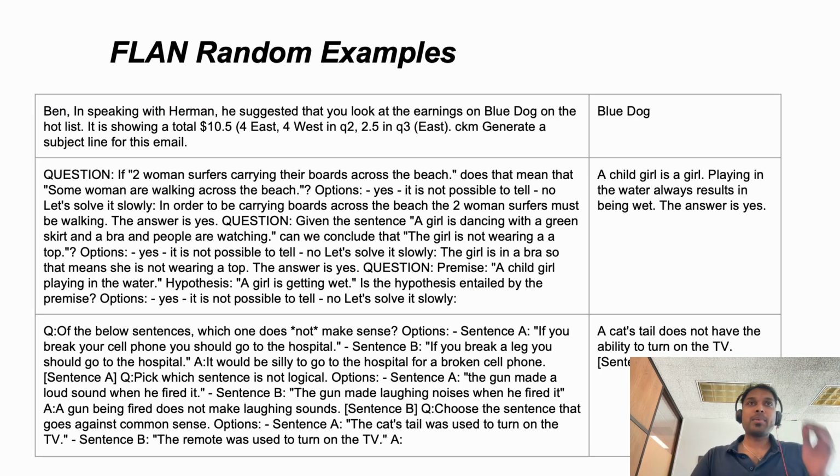These are some examples from the FLAN dataset. For instance, you can check: Ben, speaking with Herman, suggested that you look at the earnings on Blue Dog and such, and then generate a subject line for this email. The next one is a few-shot example: there's a question followed by some options, and then the answer is yes. The question followed by some options, the answer is yes.